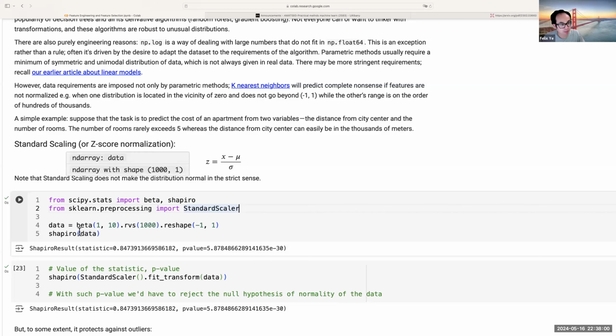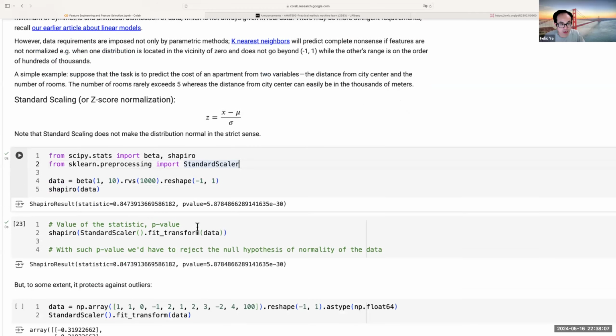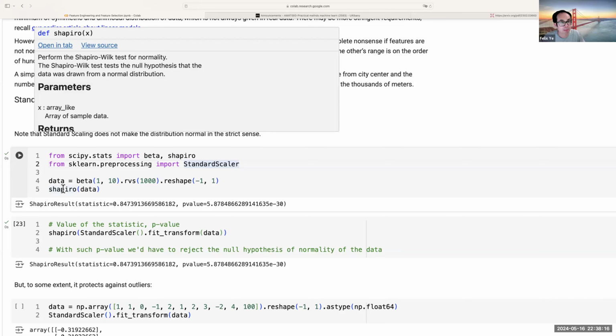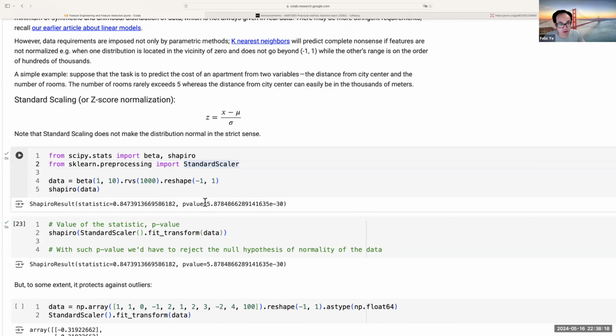This data is actually sampled from a beta distribution, so we know it is not from a Gaussian. For sure, using this Shapiro test gives a super tiny p-value, which means we reject the null hypothesis that it is Gaussian.